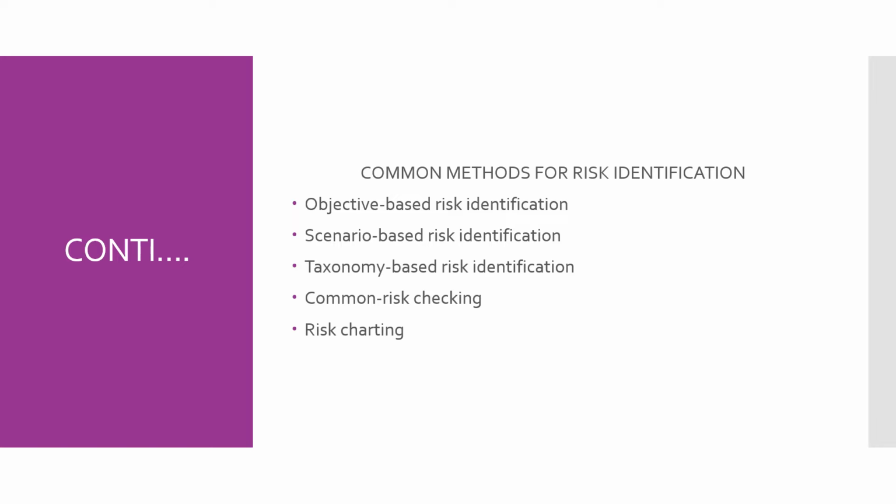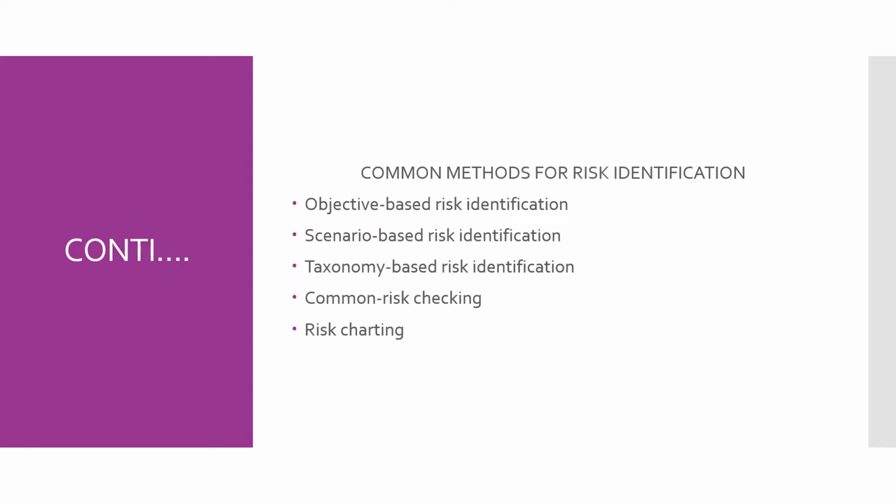And common risk checking: again in the software industry, the risks that are common, such as common vulnerabilities and exposures, will be listed at a particular website of the company. In several industries, lists with known risks will be available.